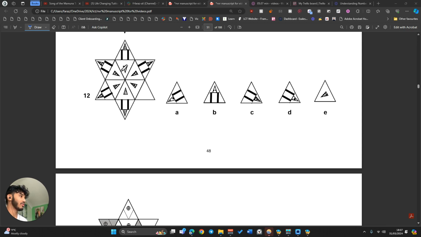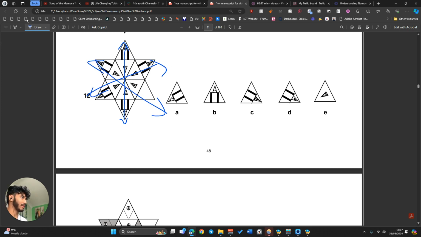We have to look for what sort of similarity there is, what sort of rule there is. You can see this is a similar thing where you go up and down and across. There's quite definitely a rule there, because you can see the top here and the bottom here is the same.